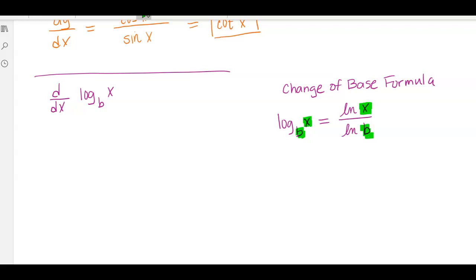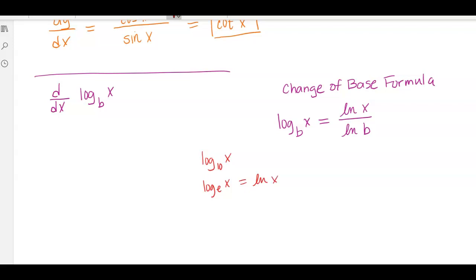This formula was used a lot because on calculators, you really only have the options of log, well, not anymore, but we used to only have log base 10, and then also log base e, which is the natural log.